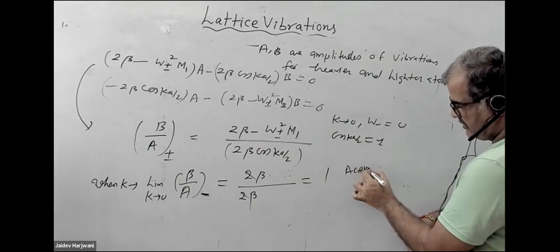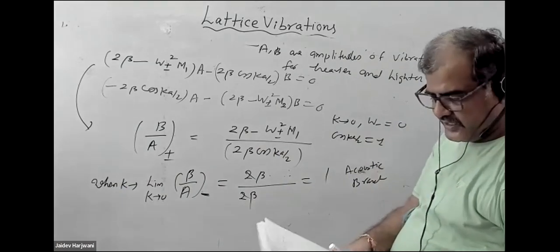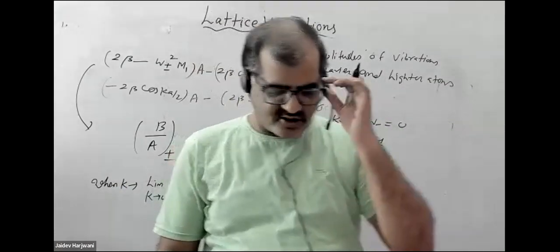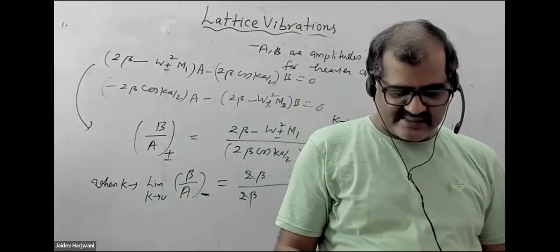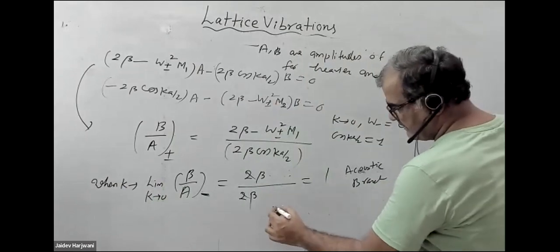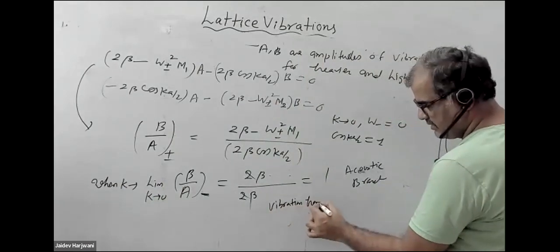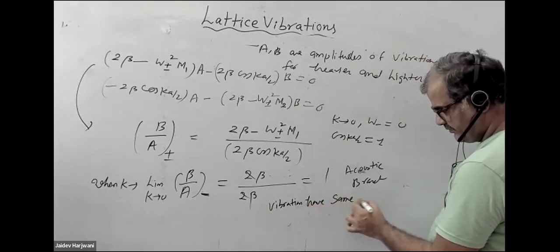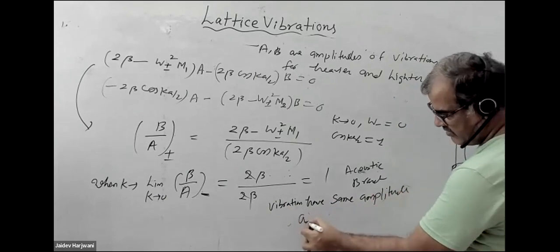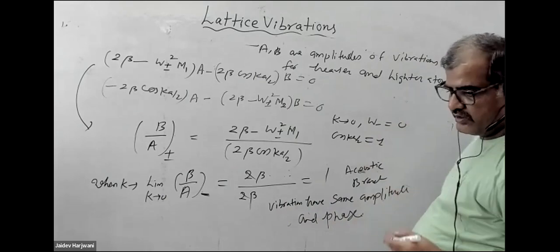You can write the statement now that this demonstrates that in this case the vibrations of the 2 atoms have exactly the same amplitude and phase, for the acoustic branch.